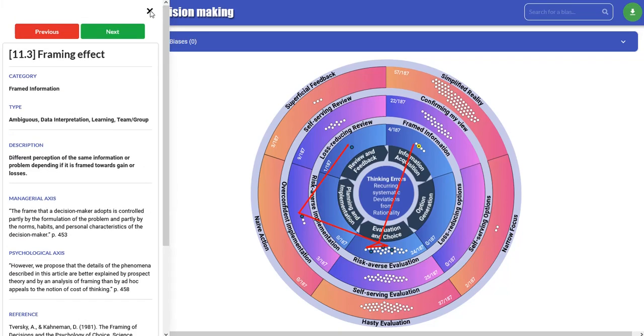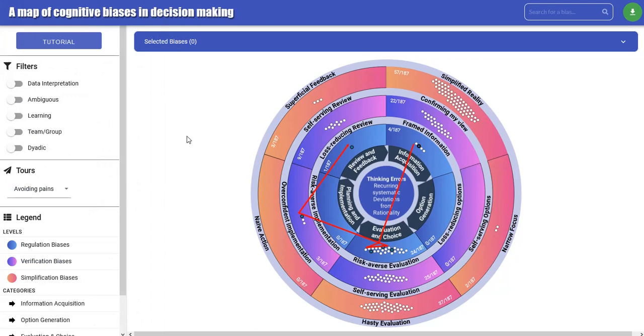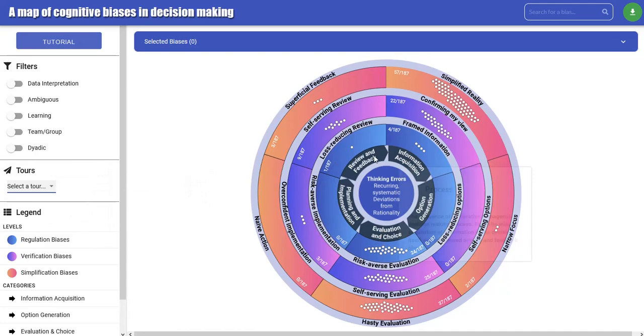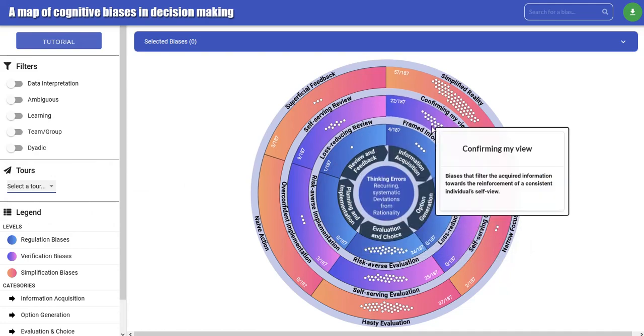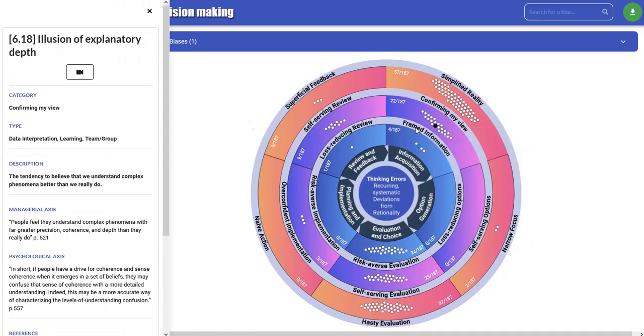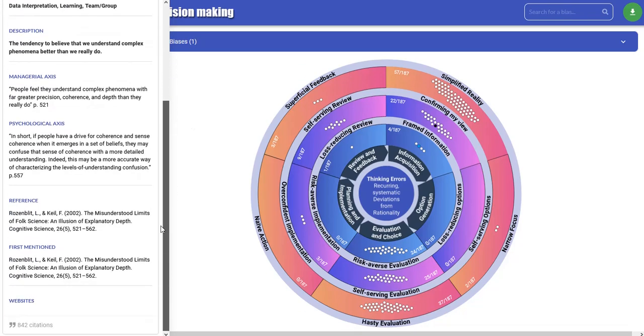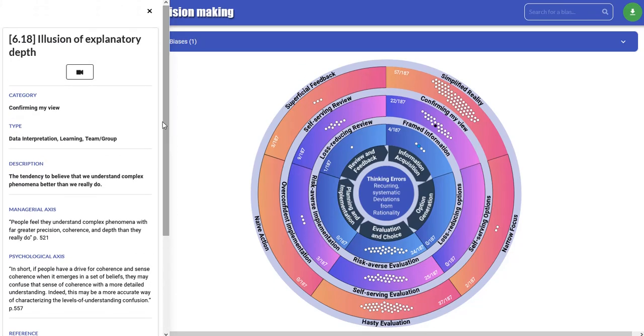This is one way to choose a bias and learn more about a specific bias. Another way is just clicking on a specific bias, for example, the illusion of explanatory depth, and as you can see again, the detailed description, and in this case, also a short video sequence. For some of the biases, we have prepared video sequences, examples of how this bias may appear in an interaction.